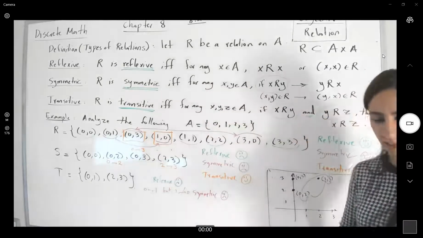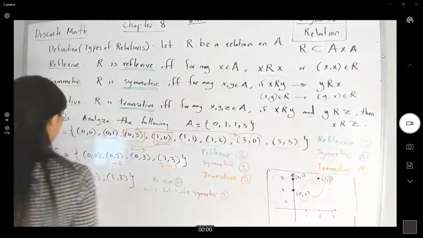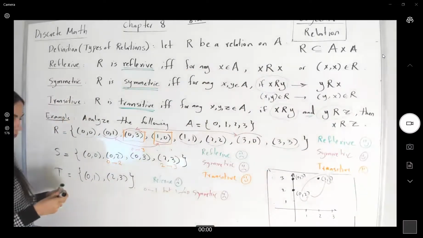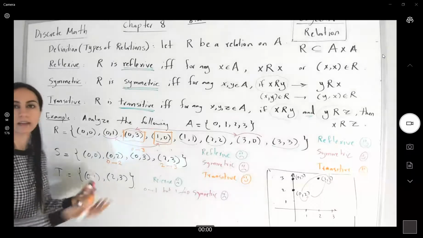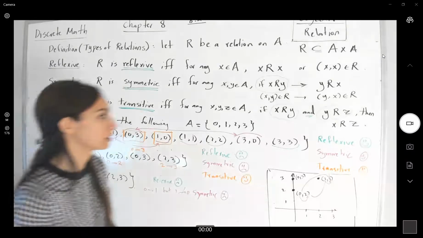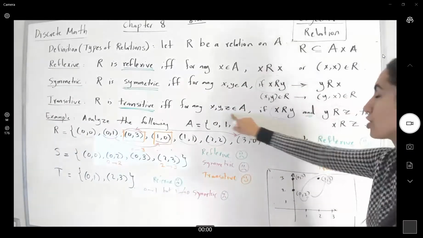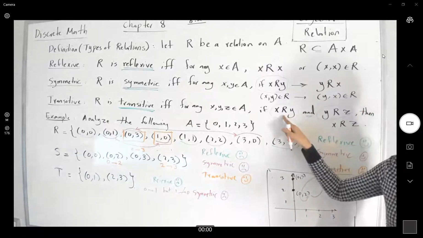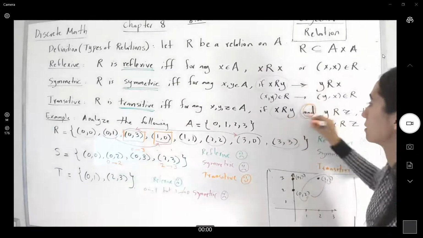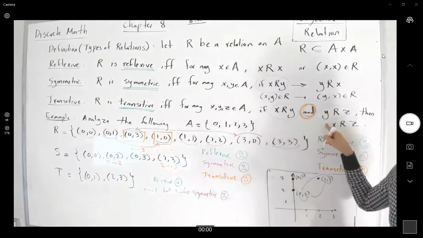What about transitive? Okay. 0 is connected to 1. Do I have 1 connected to something else? Guys, note that in the definition, if x is in relation with y, you need to have your second point.